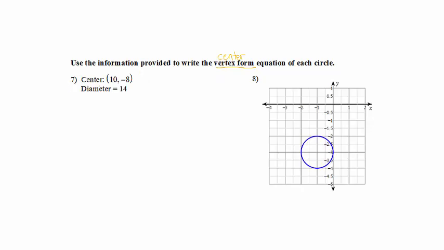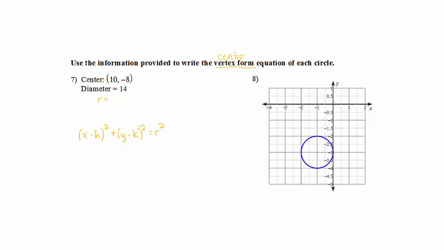So what we do is we take our center, 10, -8, and we take the radius, which we don't know right now, and we plug those into our normal equation, which looks like this. X minus h squared plus y minus k squared equals r squared.